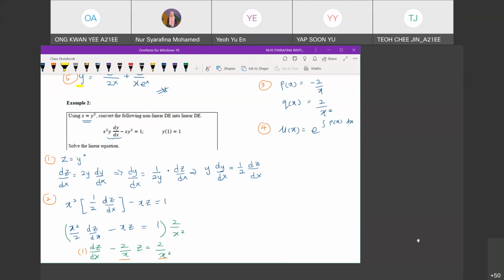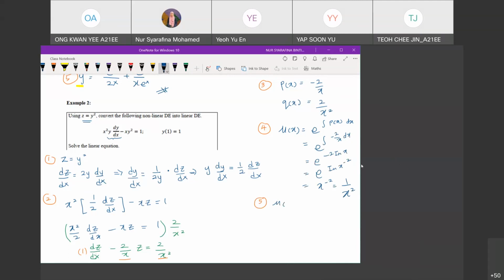One over x squared, all right, good. We substitute the integral of P, minus 2 over x, so this is actually minus 2 ln x, e to the power of ln x to the minus 2, which equals x to the minus 2, which is 1 over x squared. Once you got your integrating factor, then what?